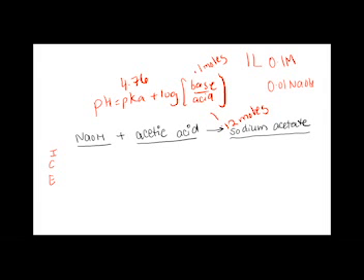There's 0.01 moles of NaOH, acetic acid is 0.12 moles, and sodium acetate is 0.1 moles.